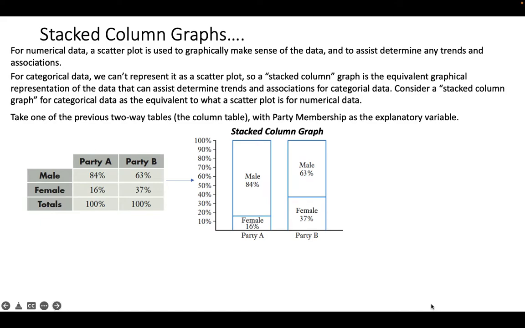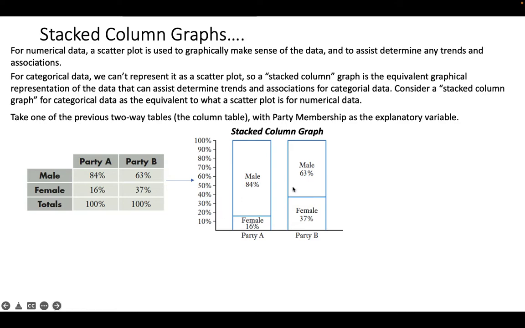And we'll just start with looking at a column percentage frequency table. So a column table means that the explanatory variable is being totalised down the columns. And we end up with the percentages being percentage of males and females in each of the two parties.